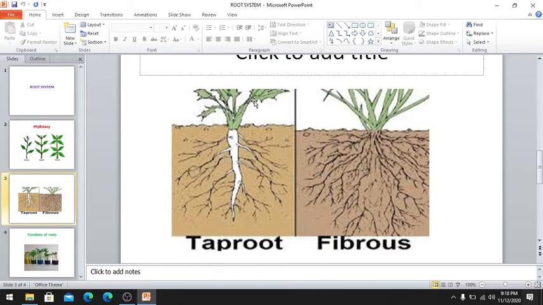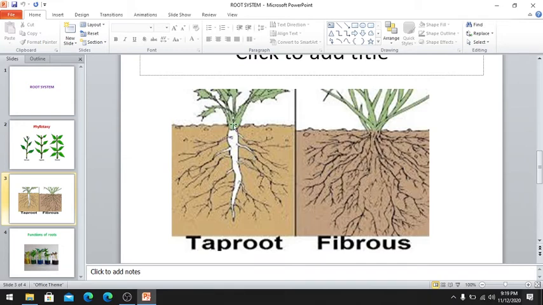Means the leaves of a taproot plant will show the reticulate venation. Yesterday we learned about reticulate venation, types of venations. Arrangement of veins in the leaves is known as venation. So reticulate venation means the veins are arranged in net shape.